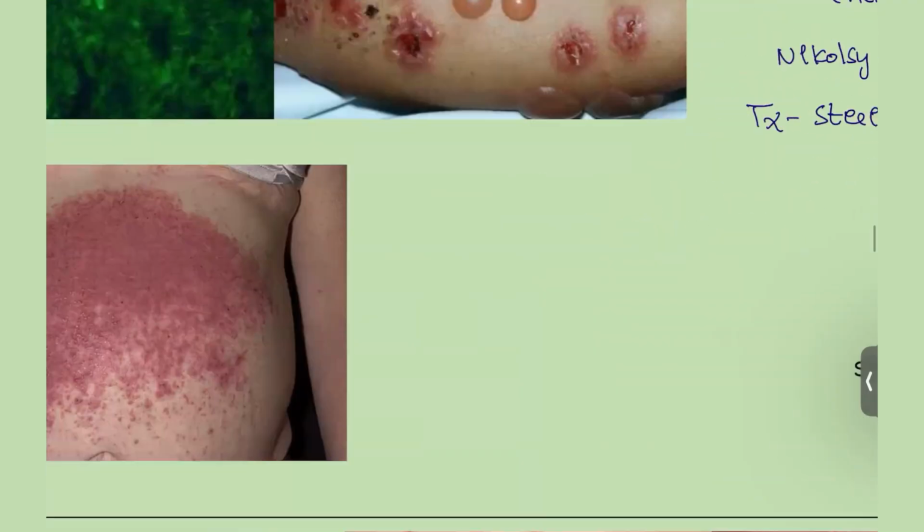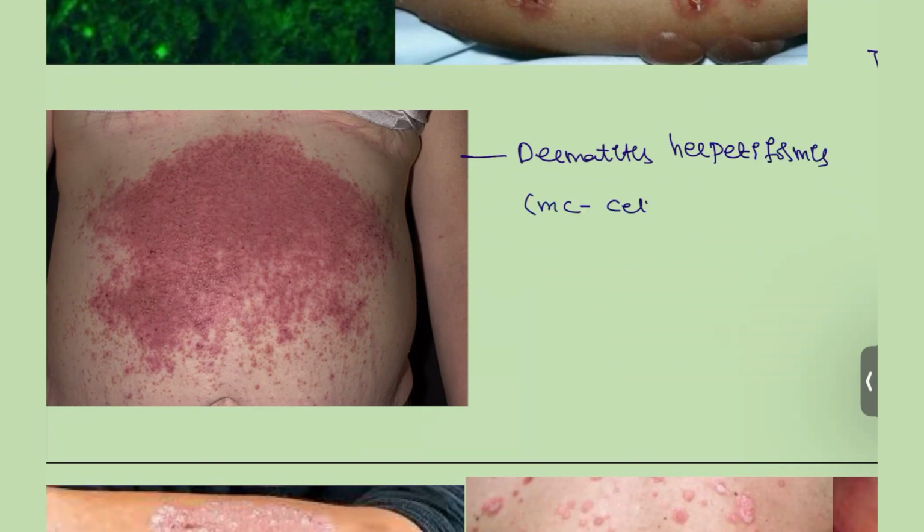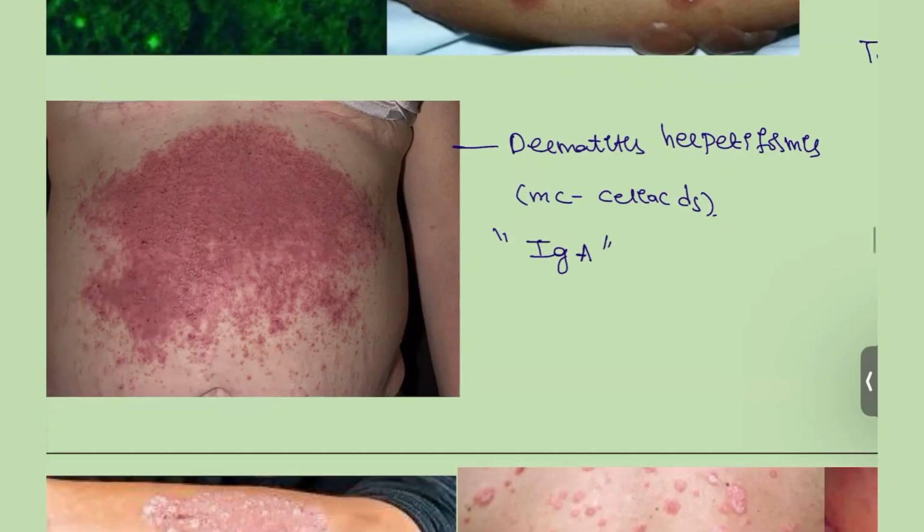Next, dermatitis herpetiformis, most commonly associated with celiac disease. IgA is affected. The name herpetiformis is a misnomer, but the patient will have intense itching.